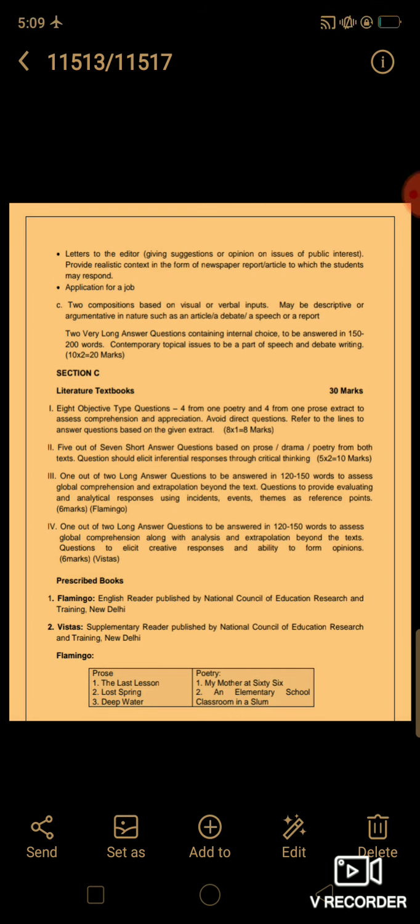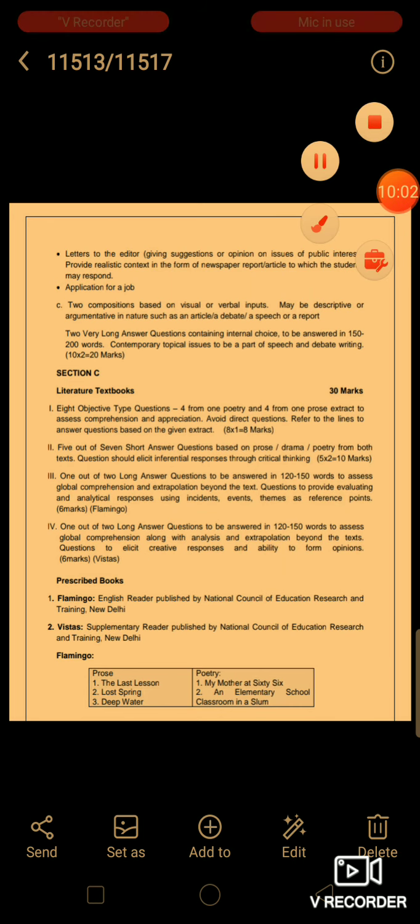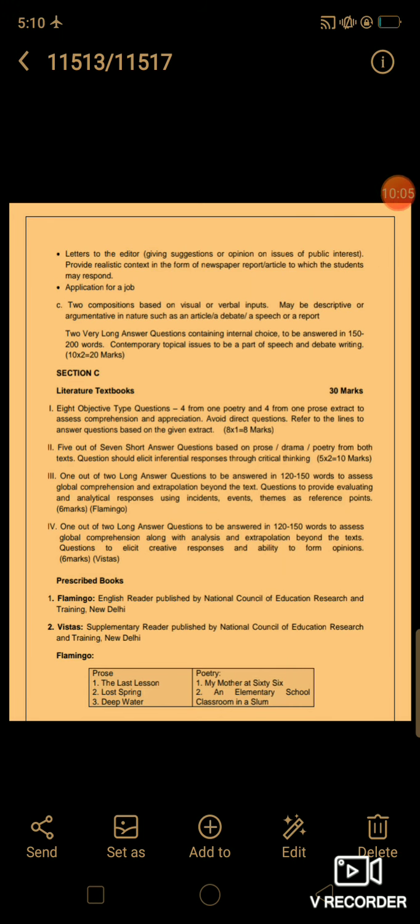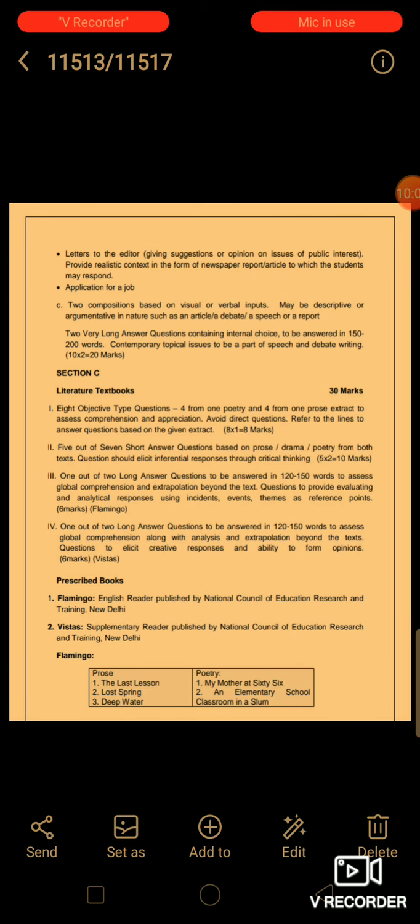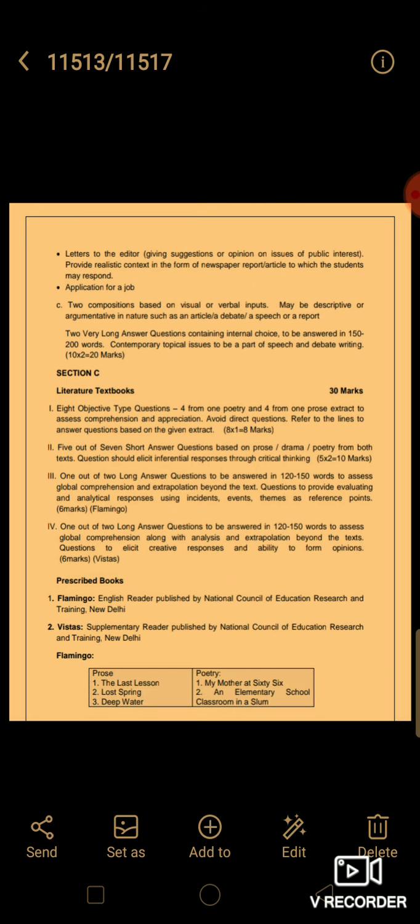And question 1 in section C will be 8 objective type questions, 4 from one poetry and 4 from one prose extract to assess comprehension and your appreciation.